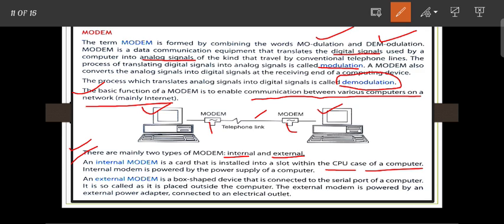An internal modem is powered by the power supply of the computer. On the other hand, an external modem is a box-shaped device that is connected to the serial port of a computer. It is placed outside the computer. An external modem is powered by an external power adapter connected to an electronic outlet. So basically a modem is used for communication between various computers on a network.